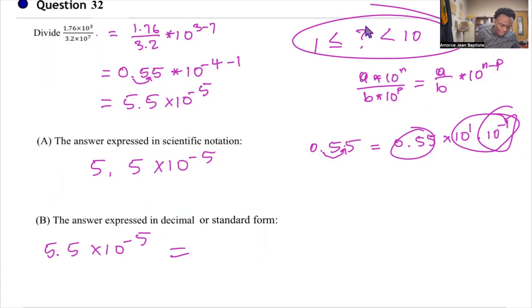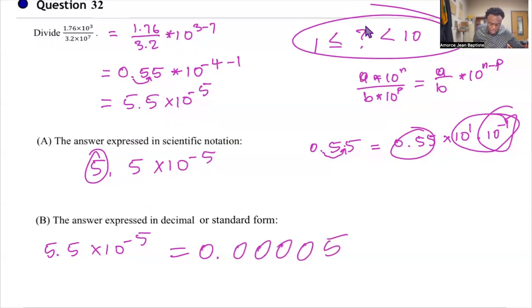So we already have this. We need to move it 5 times. So that would be the sixth number, 0.00005. So we move it once, 1, 2, 3, 4, 5, and then the decimal is here.